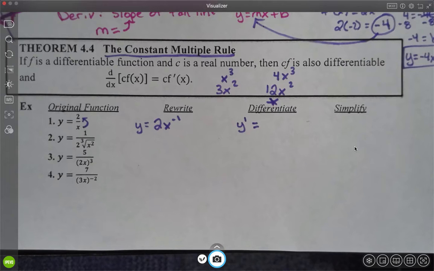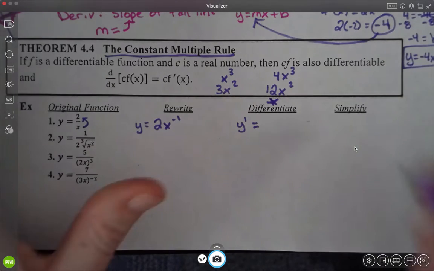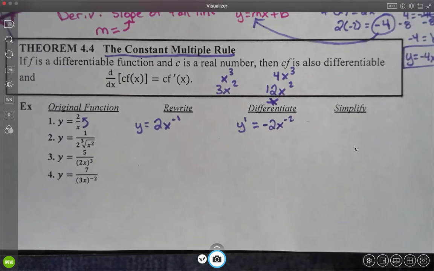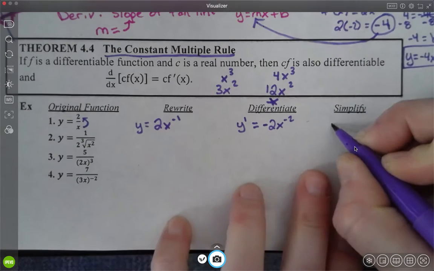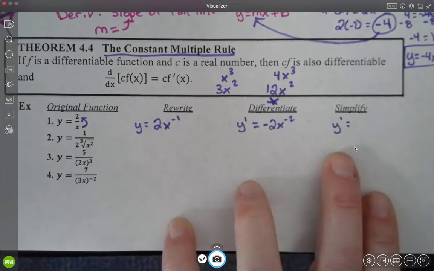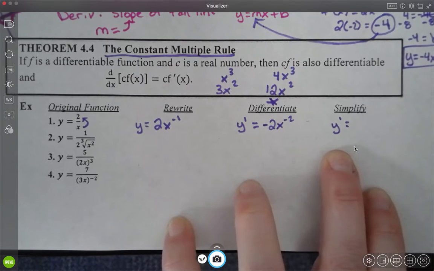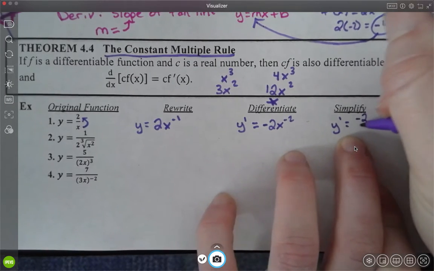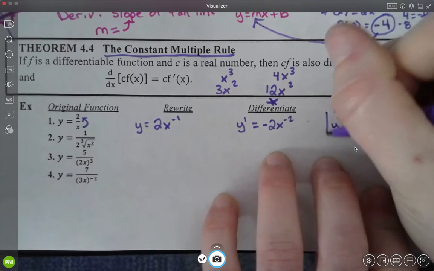That's the notation we use after we take the derivative. y prime would make -2x to the -2. Then there's a simplify column because they don't like that -2 exponent. So y prime will be -2 over x squared. This is my final answer.